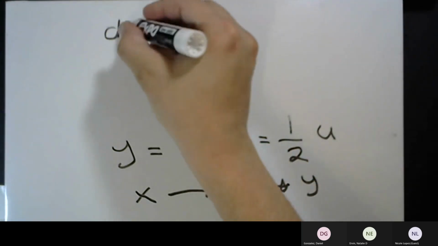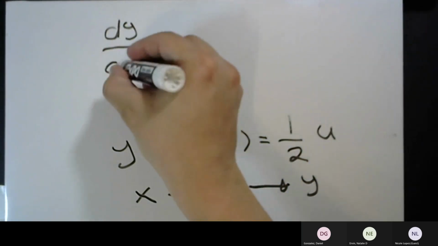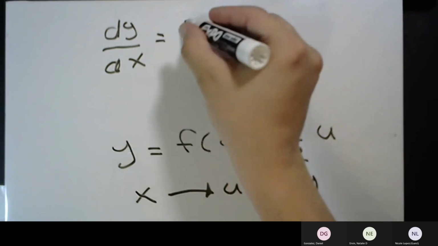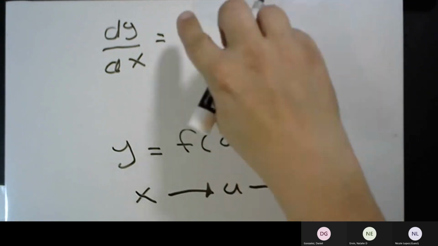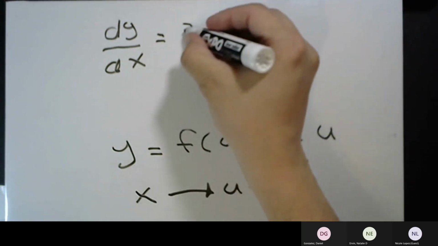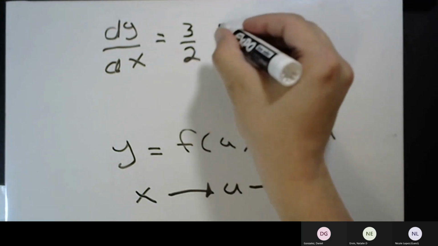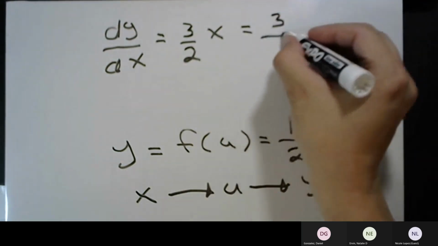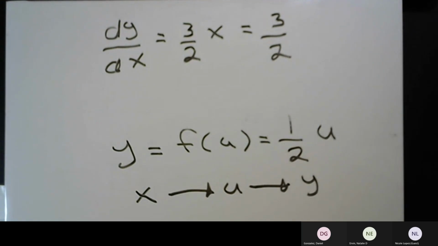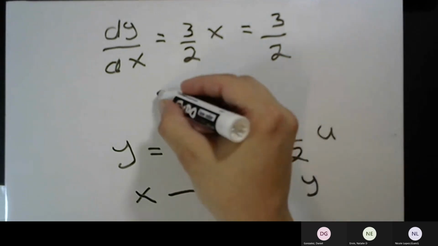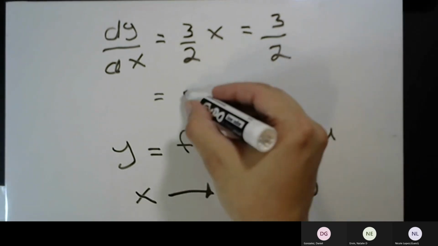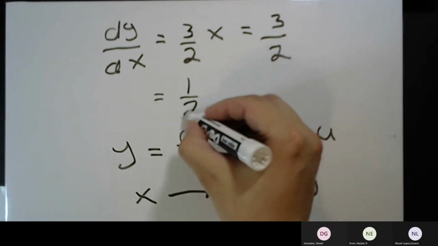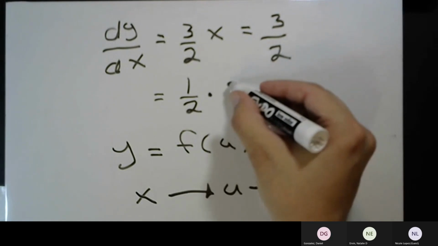we already have y defined as this. Granted, we've taken it apart, but we know it's going to be equal to 3/2. So we'll rewrite this as 1/2 times 3.